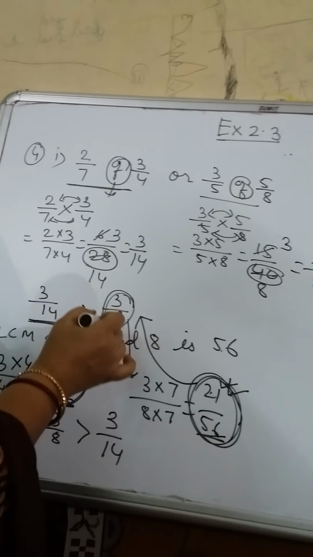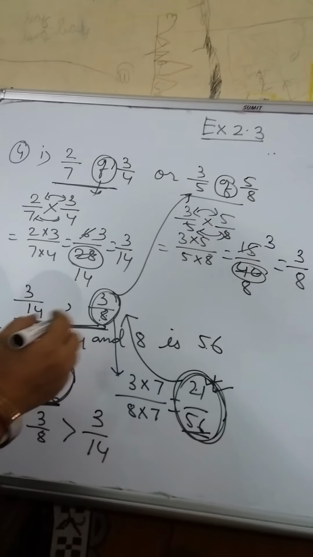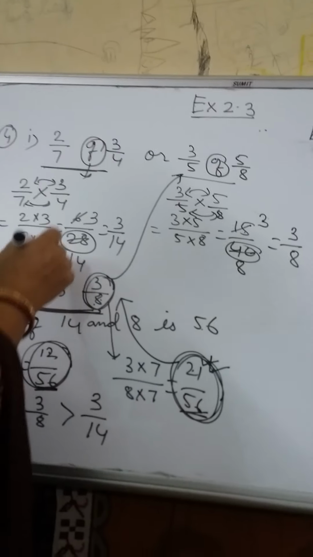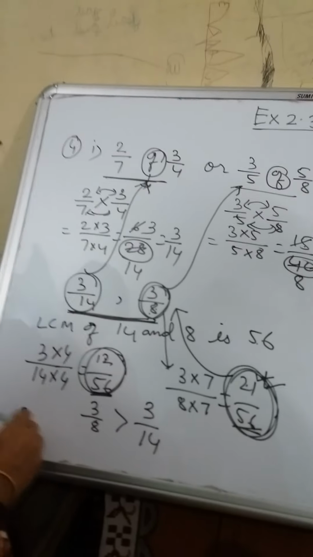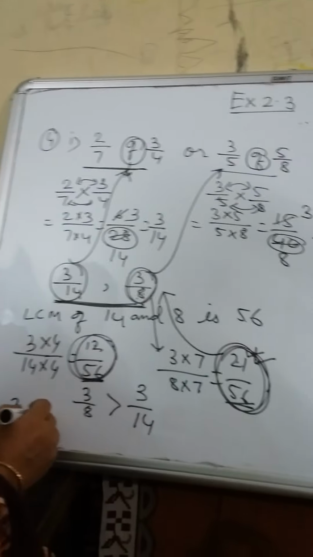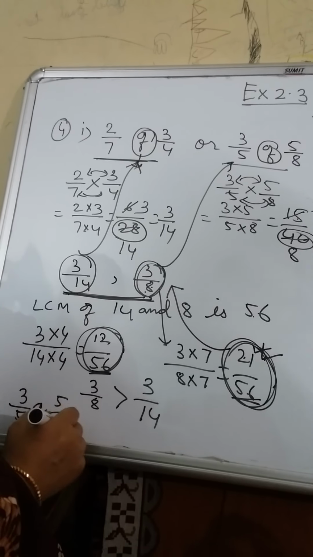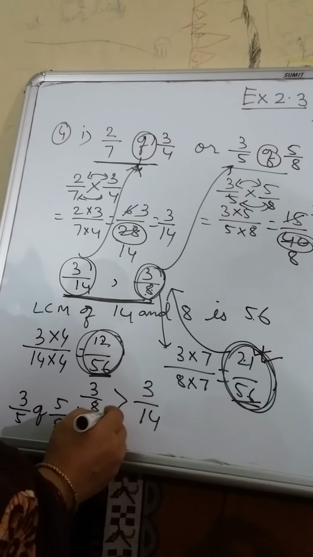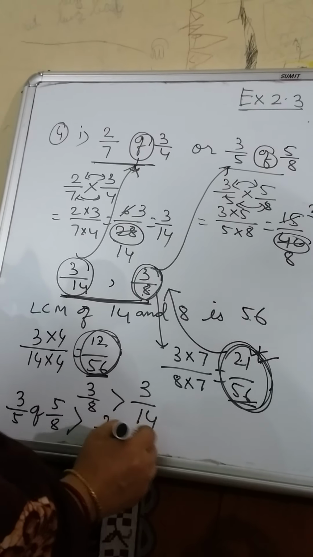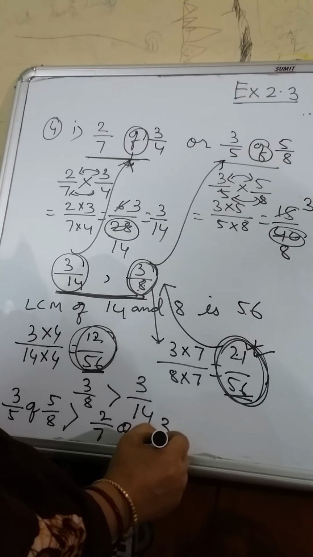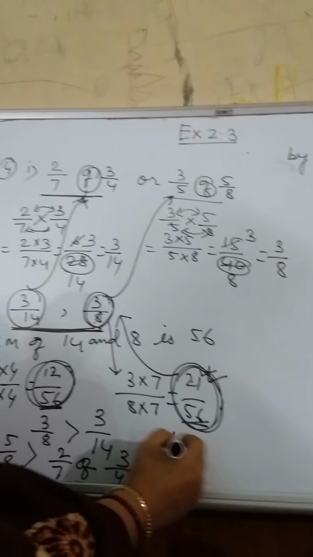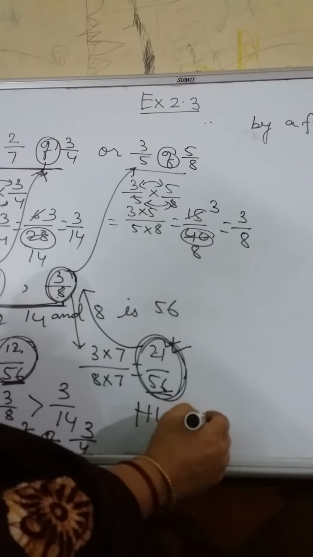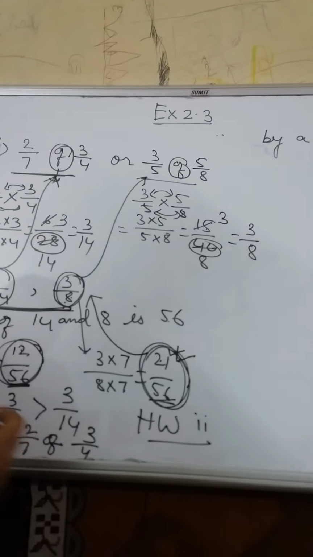And this 3 by 14 has come from here. So we can say that 3 by 5 of 5 by 8 is greater than 2 by 7 of 3 by 4. Okay, same way you will do question number 2. That is your homework. Thank you.